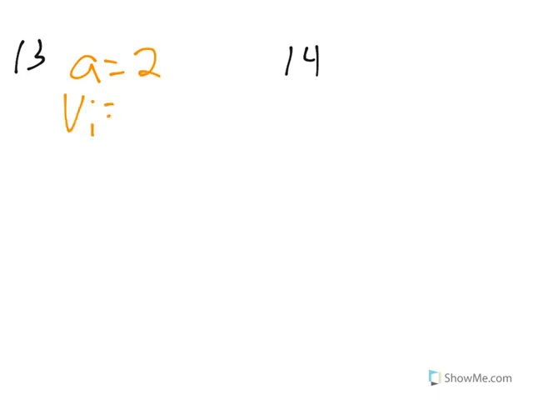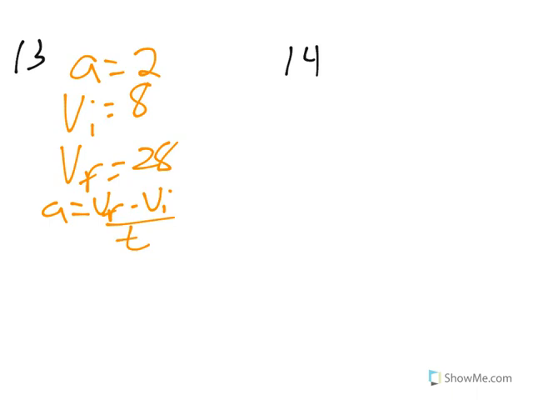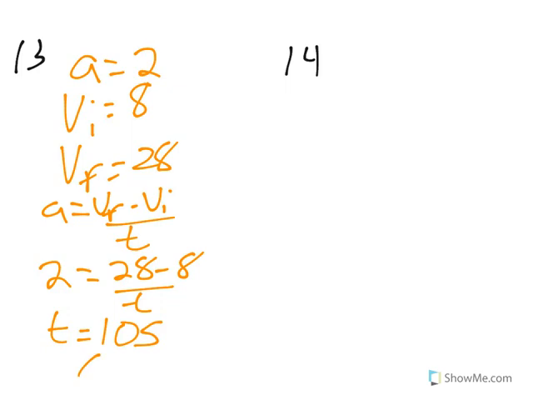We know VI is equal to 8 and VF is equal to 28. So we're going to do A equals VF minus VI over T. So we get 2 equals 28 minus 8 over T. And we should get T is equal to 10 seconds, which should be the answer choice C. So 13 should be C.